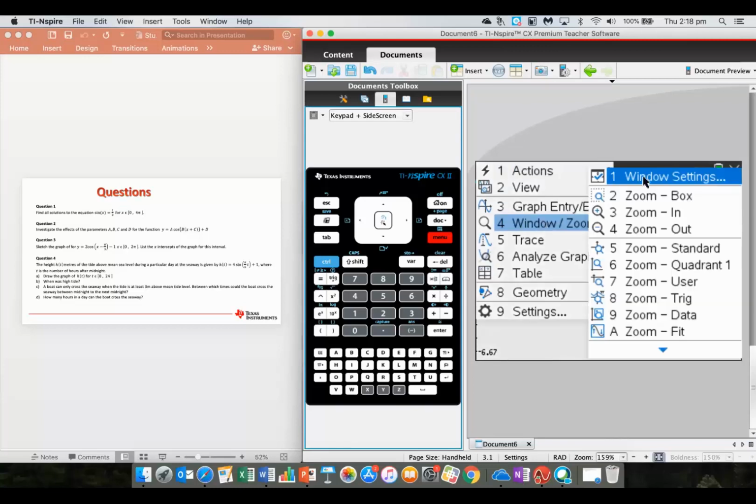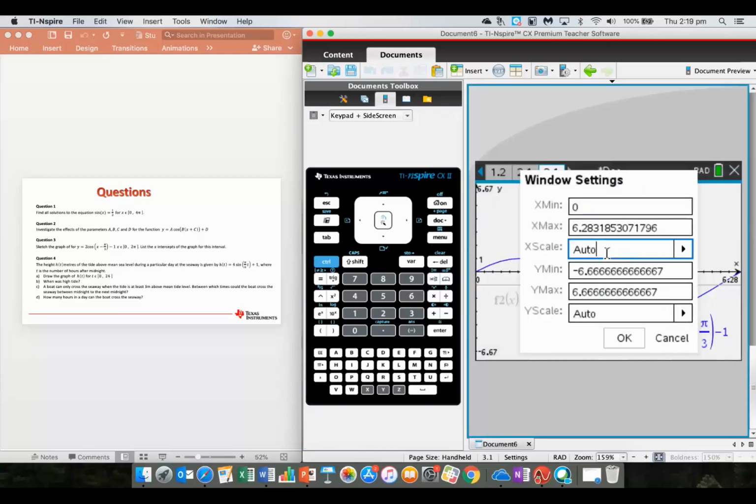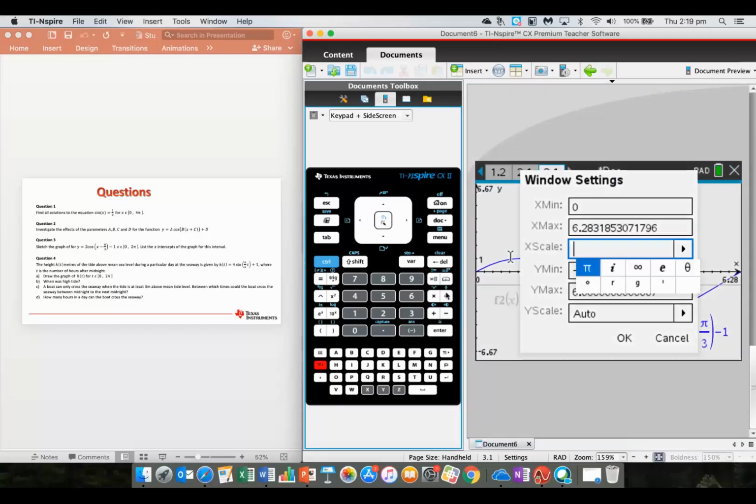So I went menu, window zoom, window settings. Let's make the scale here equal to pi on 3. Sometimes this works, sometimes it won't. But pi on 3, pi on 6, pi on 4 are often good values to think about changing to.